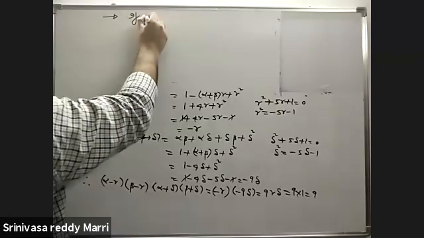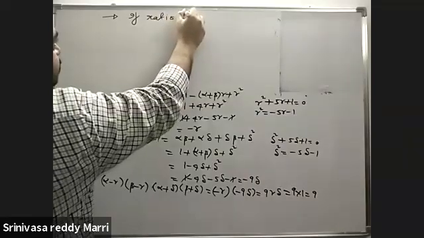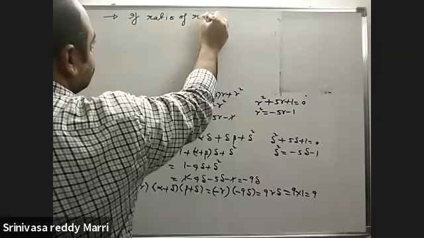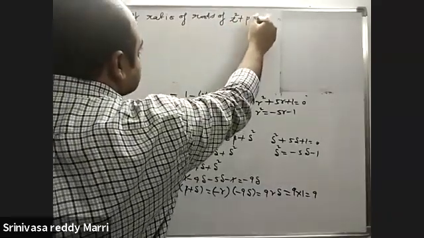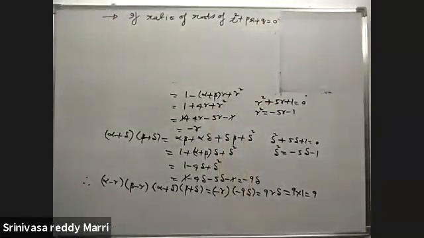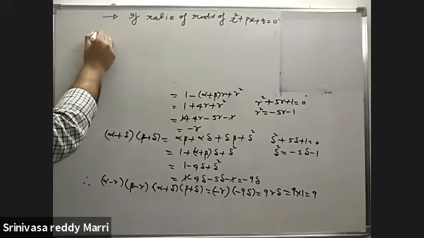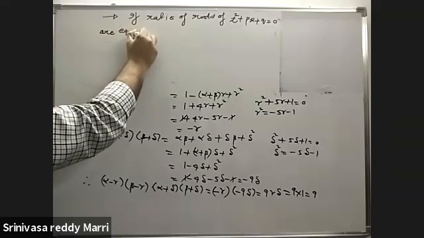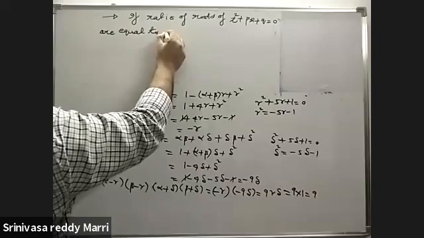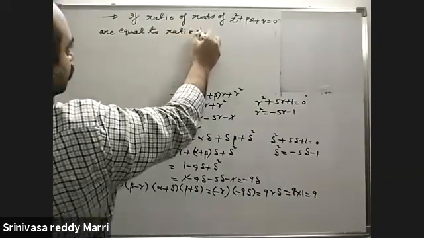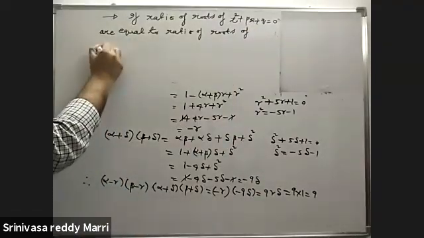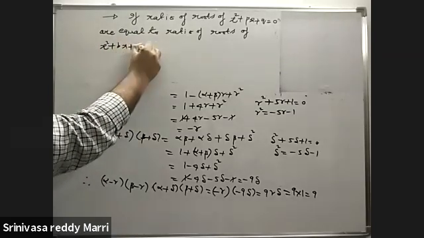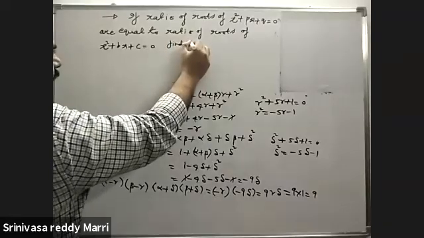If the ratio of roots of x square plus px plus q equal to 0 are equal to the ratio of roots of x square plus bx plus c equal to 0, find the condition.